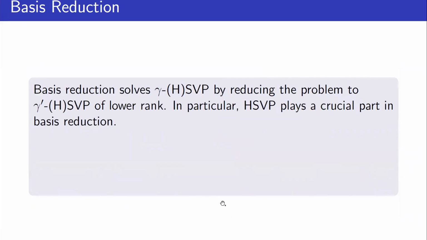Okay, then let's talk a bit about basis reduction. Basis reduction algorithms solve approximate SVP and HSVP by reducing the problem to gamma prime HSVP or SVP of lower ranks. In particular, HSVP plays an important role in basis reduction algorithms.